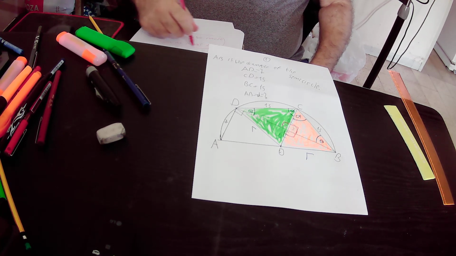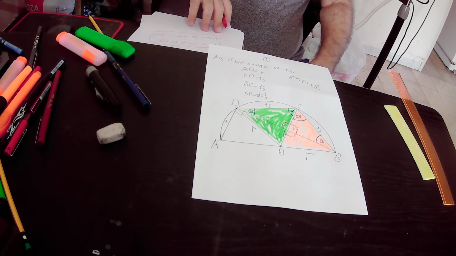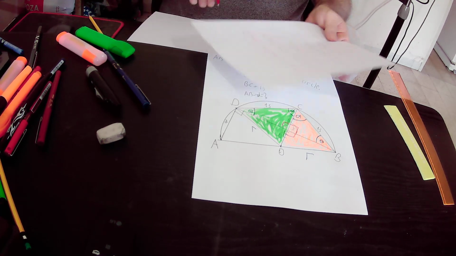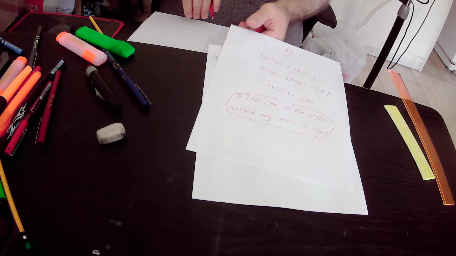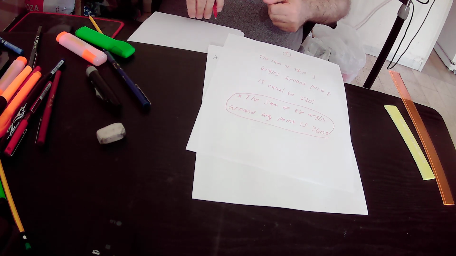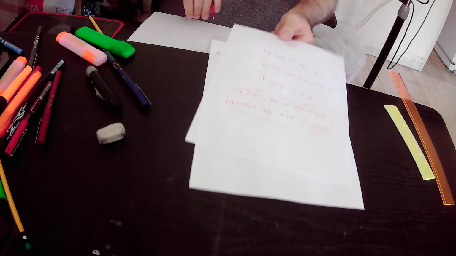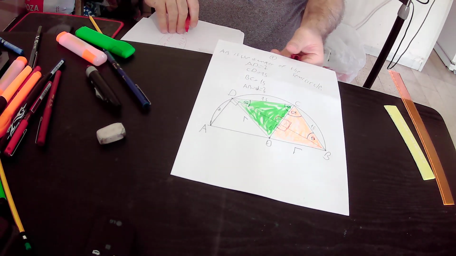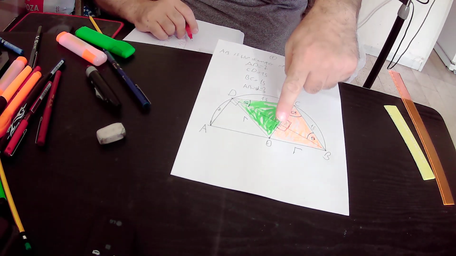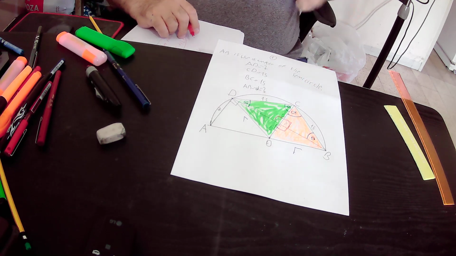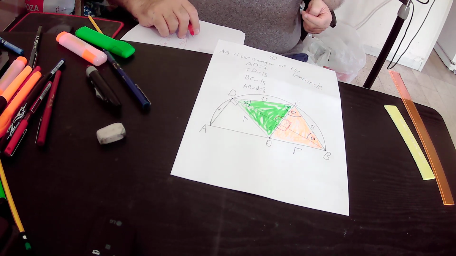Okay, we have a rule that states that the sum of the angles around any point is equal to 360 degrees, and especially the sum of the angles at point E must be equal to 360 degrees.